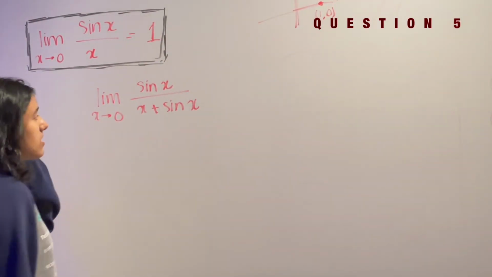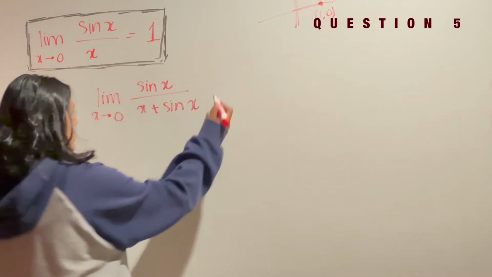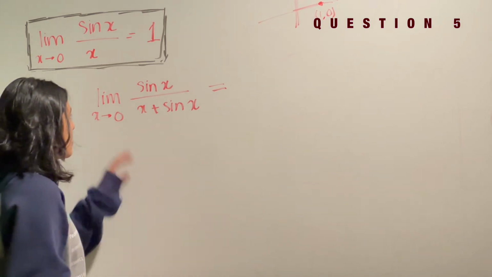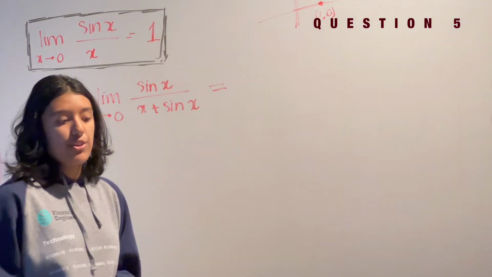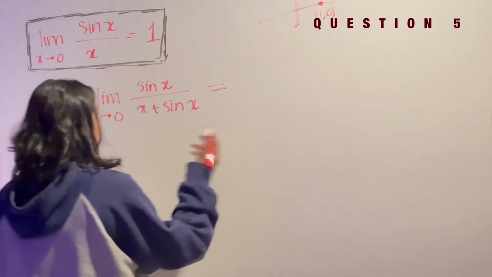Now, this next problem is a bit more challenging, but we will go over it together. The limit as x tends to 0 of sine x over x plus sine x. Let's simplify this a little bit. We know that whatever we do to the numerator, we have to do to the denominator, whether it's adding, subtracting, multiplying, dividing, all those operations.